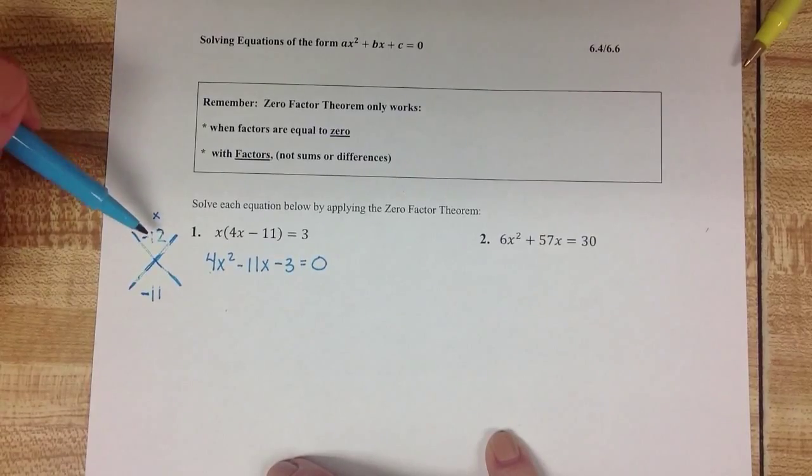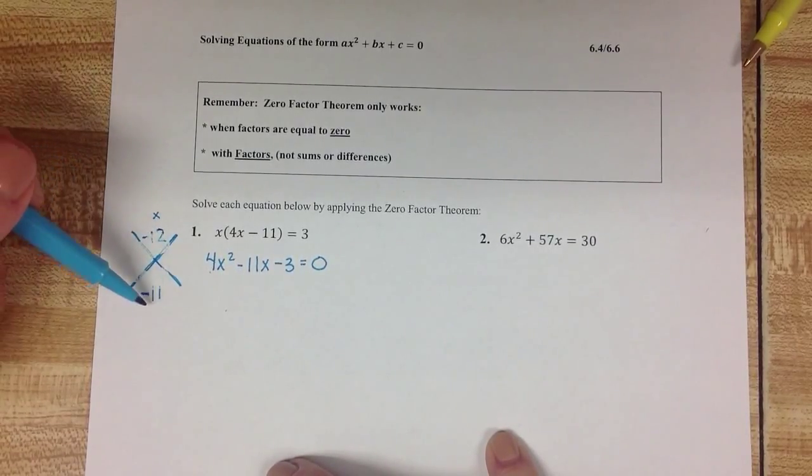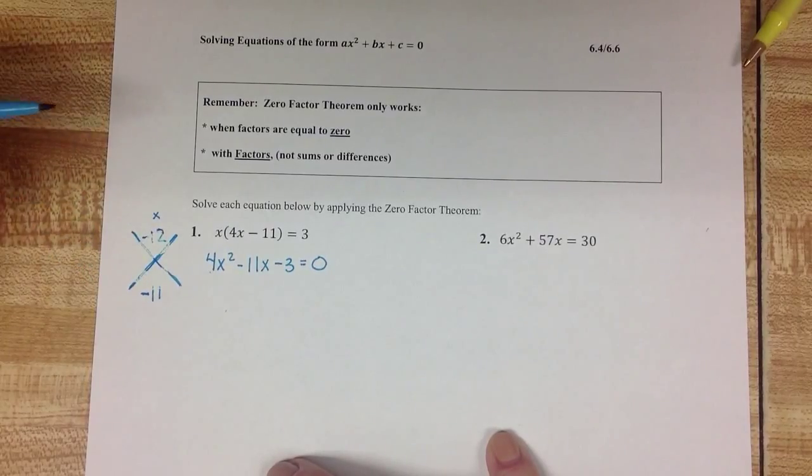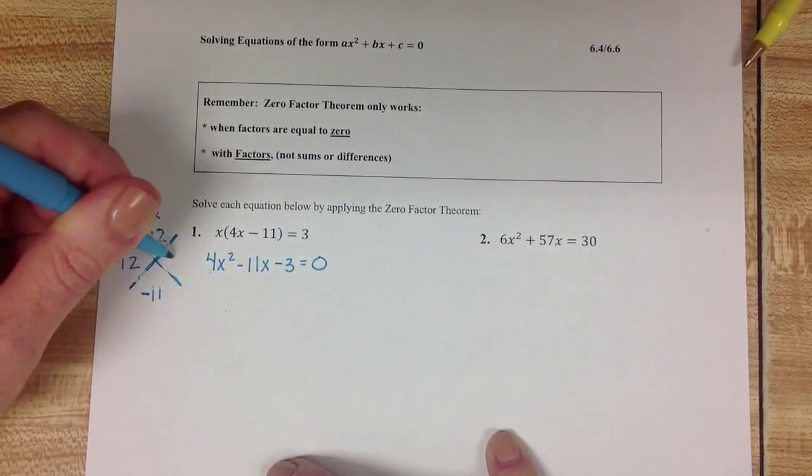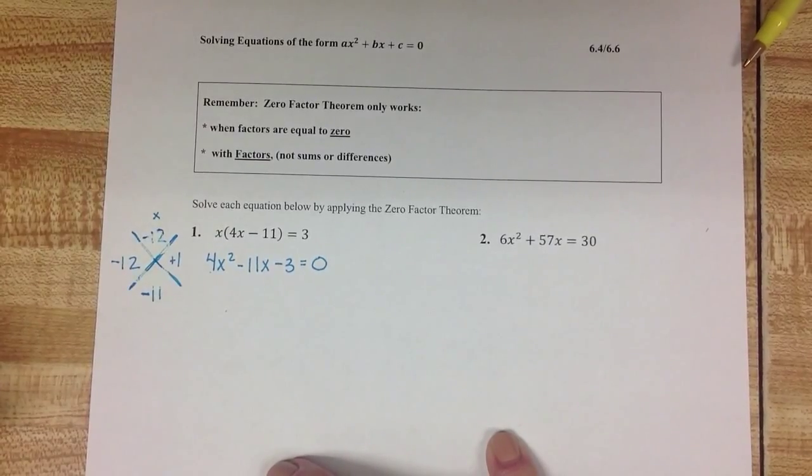So we're looking for something that will multiply to negative 12 that adds to negative 11. And the pair of factors is negative 12 and positive 1.